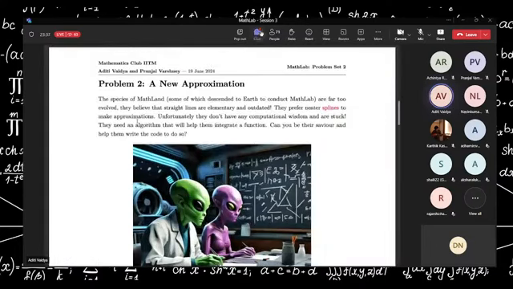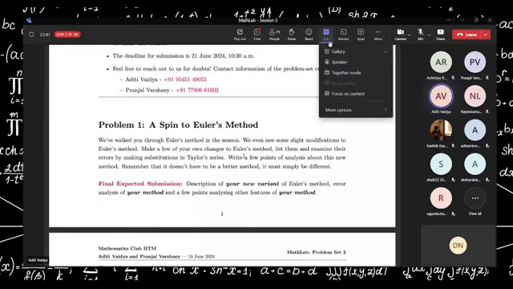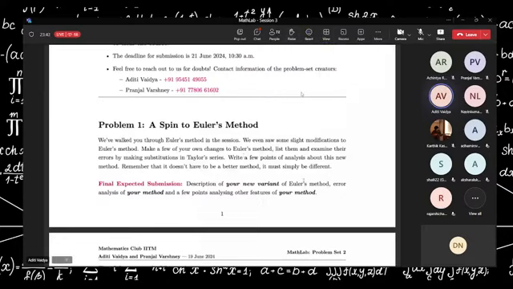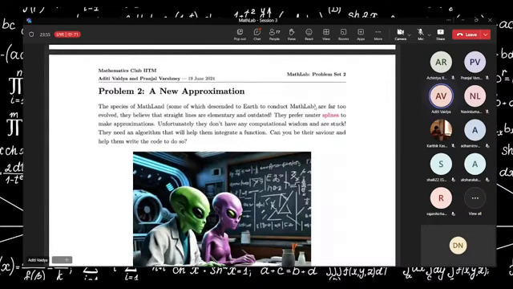Yeah, so question 1, a description, error analysis is optional, and a few points regarding anything new about your method, good or bad, doesn't matter, just 1 or 2 points about that. For problem set 2, a spline basically refers to some kind of a polynomial.